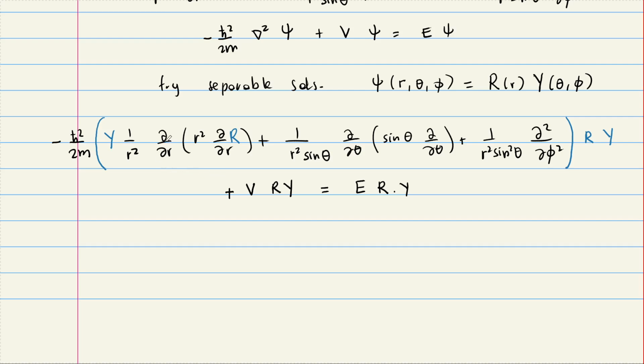And technically we need to switch these partial derivatives to total derivatives, because there is no other variable inside R, but let me not be so pedantic. It's okay. So here, the theta dependent thing is going to go and find the theta dependent thing. R is not theta dependent, so it's just going to move through. So this is R, and similarly here I have Y, and this is R. Now I distributed R, so I deleted that.